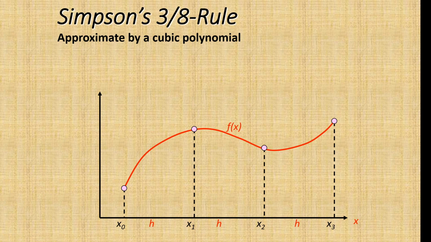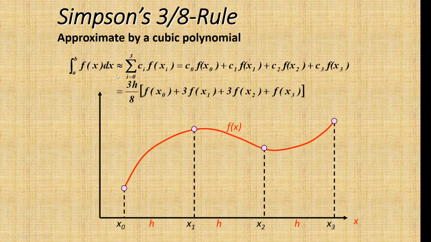So each A1 in Simpson 3/8 is 3 segments, and it is estimated using this formula. We show it without derivation, which means the basic formula for Simpson 3/8. Actually, you have the formula 3h over 8.